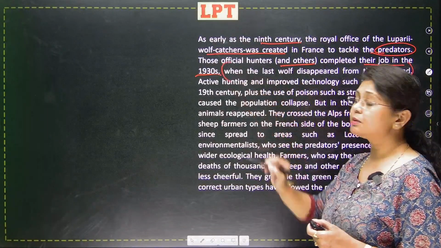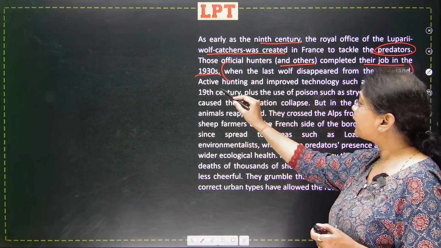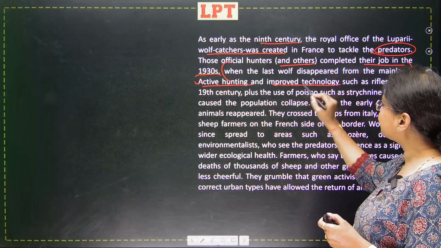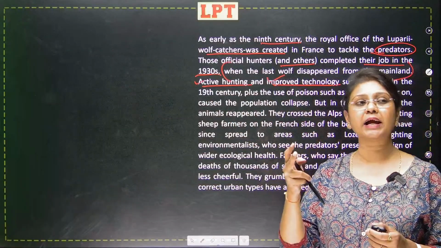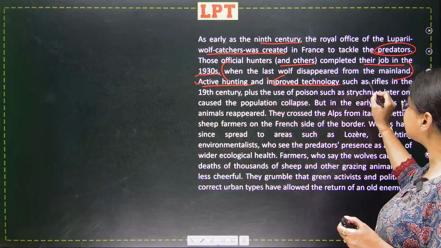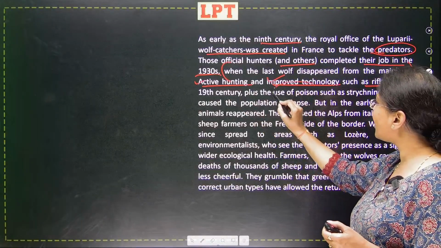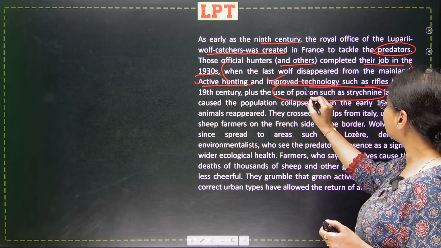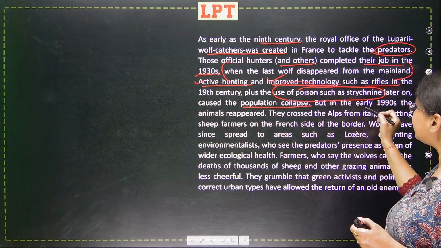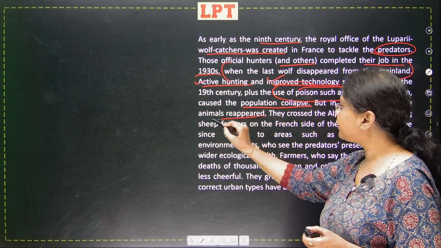Active hunting and improved technology, so you are talking about two factors here. One is active hunting and improved technology such as rifles in the 19th century, plus the use of poison such as strychnine later on caused the population collapse. But in the early 1990s, the animals reappeared.